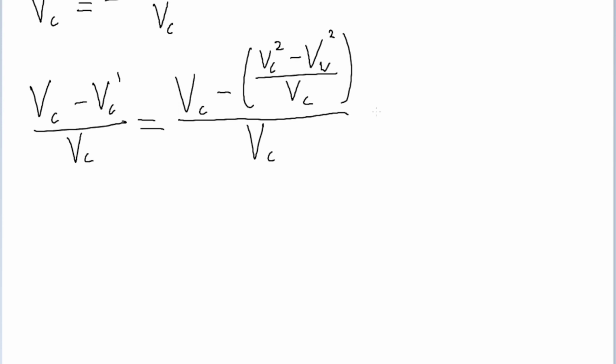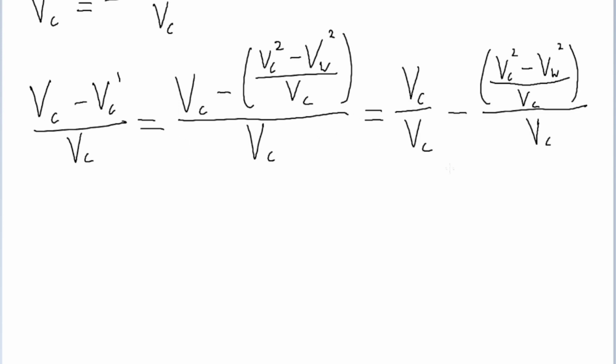First off, this all still probably looks pretty unclear and messy, so I'm going to separate this whole thing into two different fractions, with the v sub c as a denominator for each of the different terms. Like this. Notice that v sub c divided by v sub c is just 1. And for the second term, we can combine the v sub c's together into a squared.